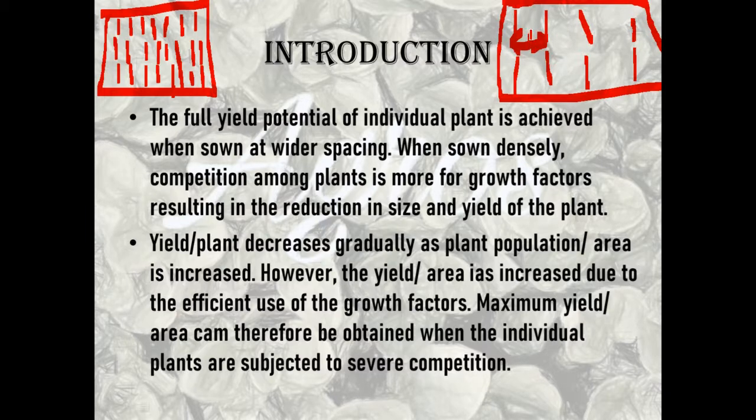This planting space is the maximum amount of space that I can allow for planting 10 plants in that small area. Okay. So I cannot give any more space. If I give more, I won't be able to plant 10 plants. So in this condition, it is said that the individual plants give the full yield potential, give the best out of them. Okay.